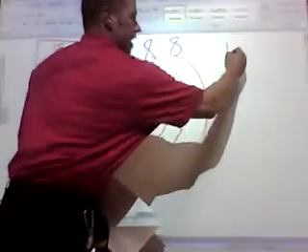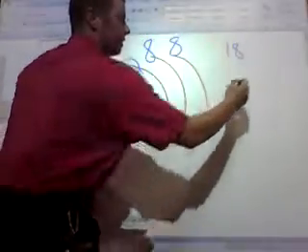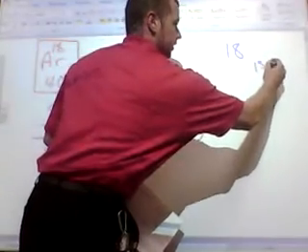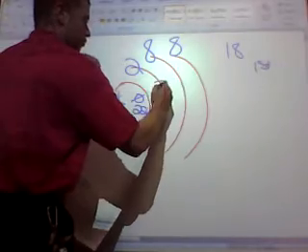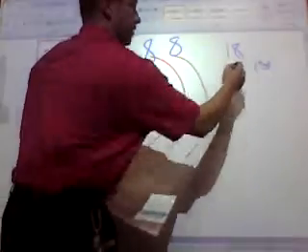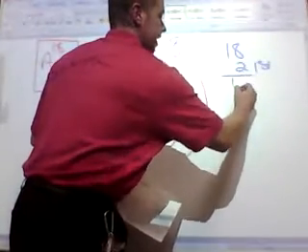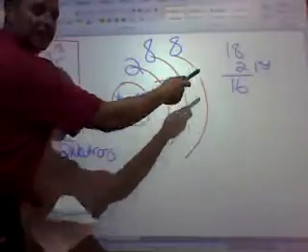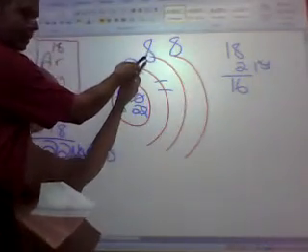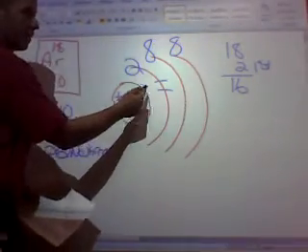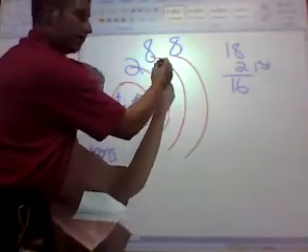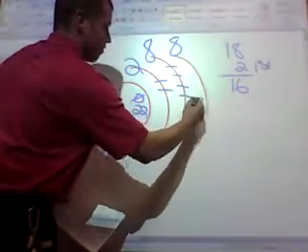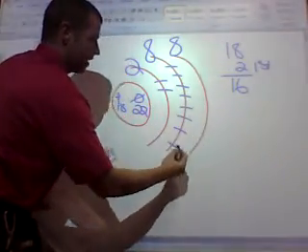I start off with 18. How many could fit in the first energy level? 2. How many could fit in the second energy level? I had 16 left. All 16 cannot fit right there. Therefore, I must put only 8 of them. 1, 2, 3, 4, 5, 6, 7, 8.